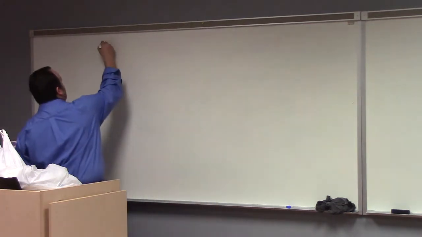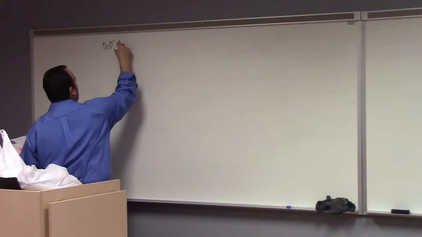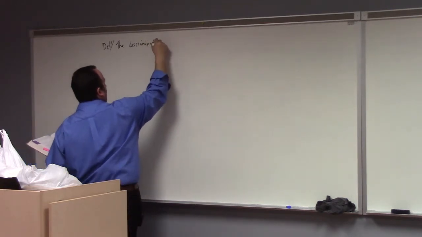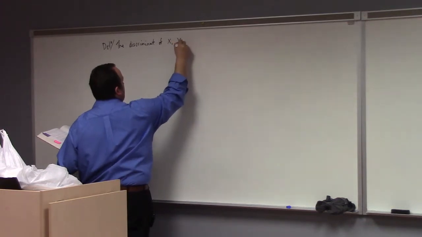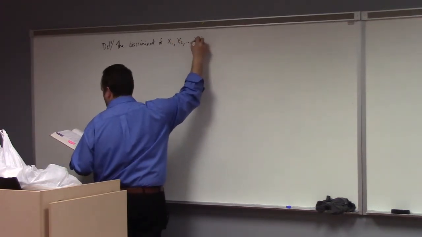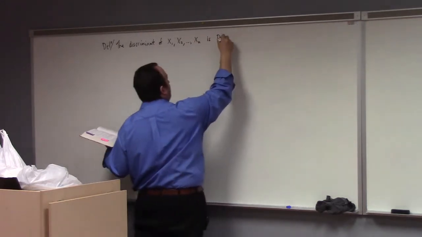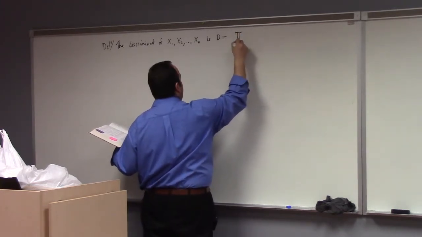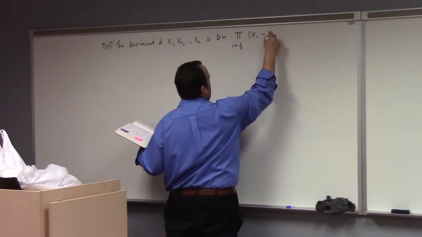Amen. All right, so let me begin with the discriminant. Definition. The discriminant of x1, x2, ..., xn is D, and it's given by the formula: the product over i less than j of (xi minus xj) squared.